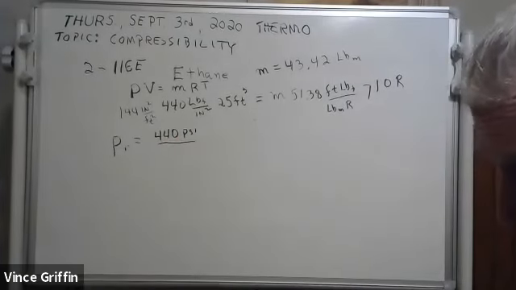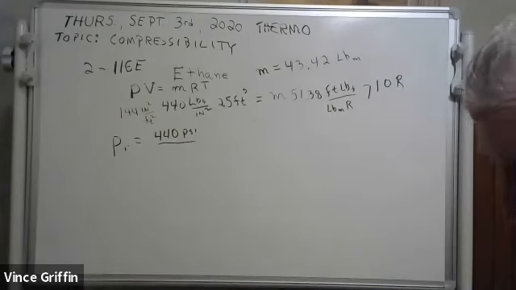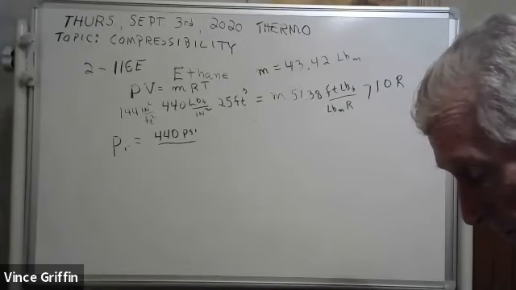That's the pressure at the top of the vapor dome. So go with me to, we've got to find what the critical pressure is of ethane.